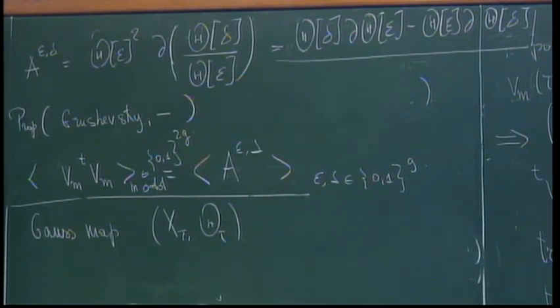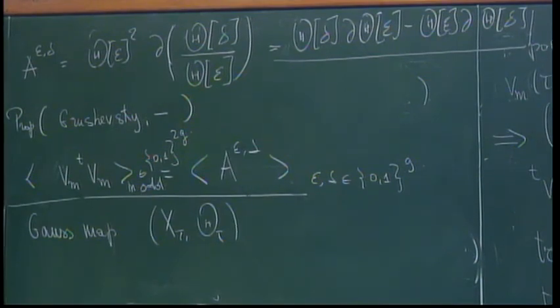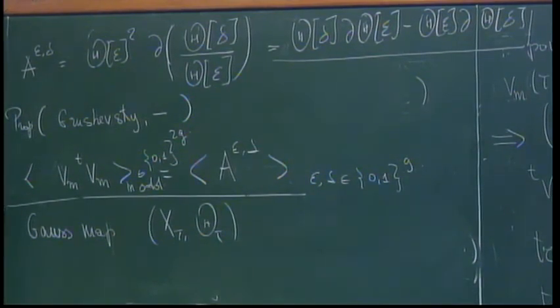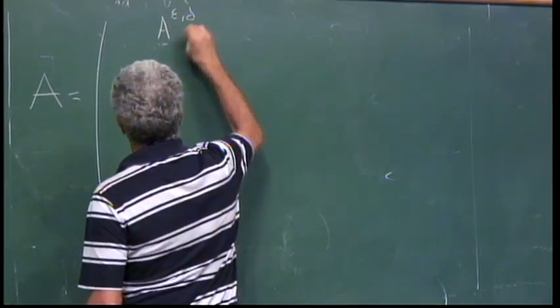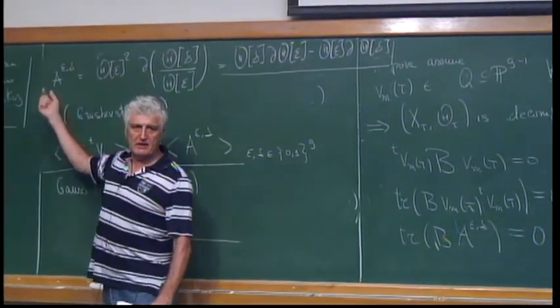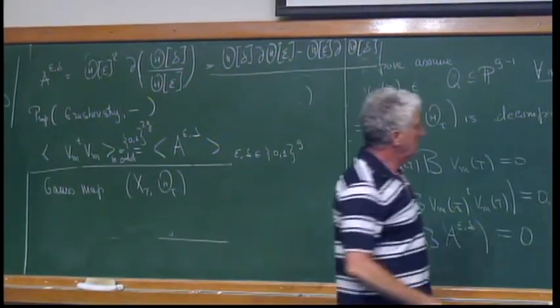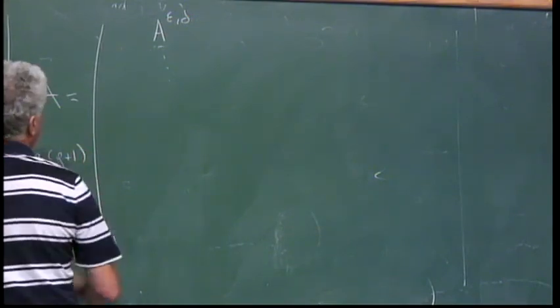So I write a big matrix A, whose entries are the following. Each column is the matrix A epsilon delta. A g by g symmetric matrix I write as a column vector. There are 1/2 times g times (g plus 1) coordinates.